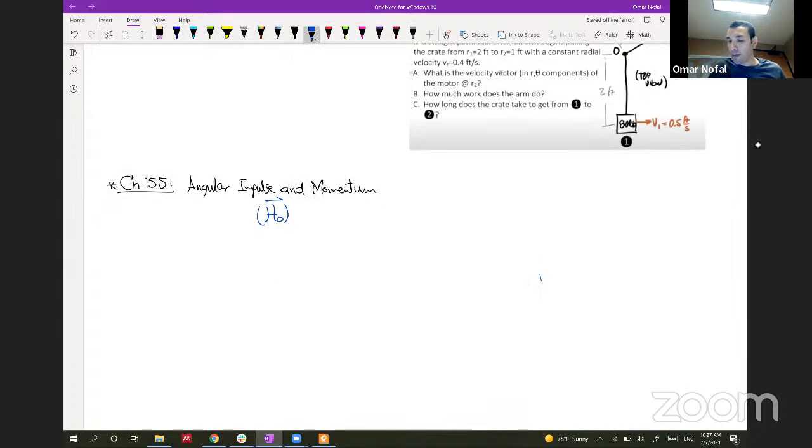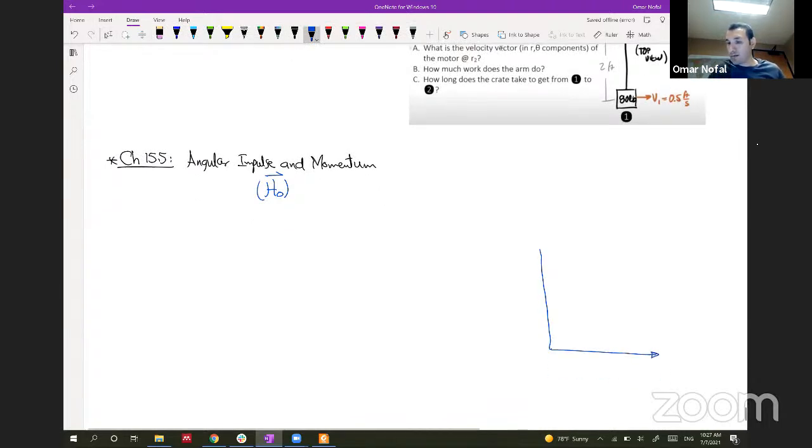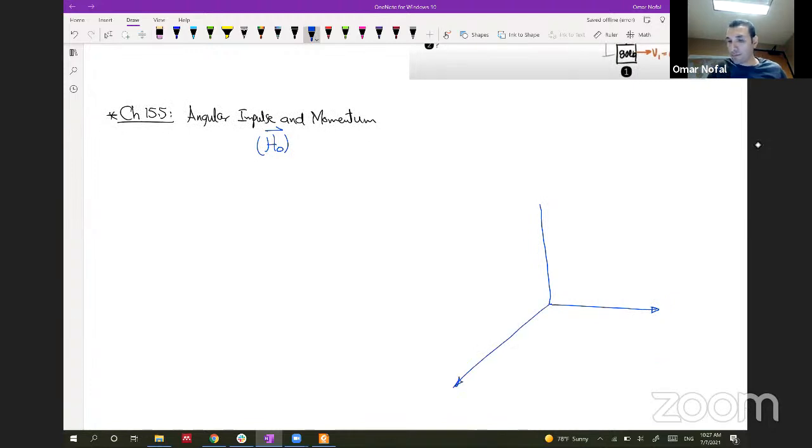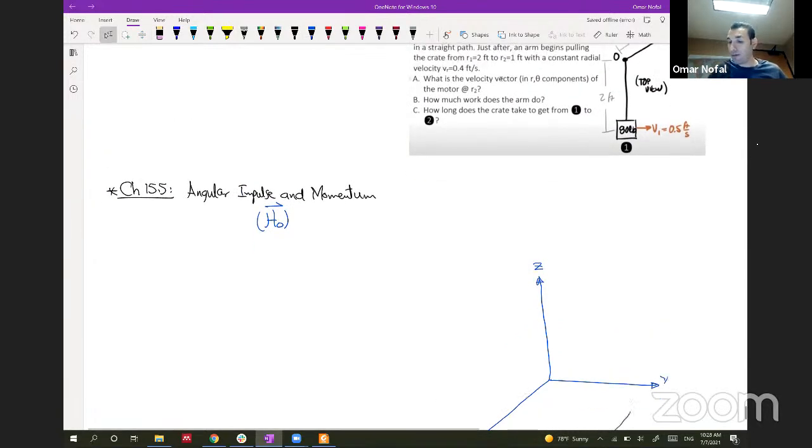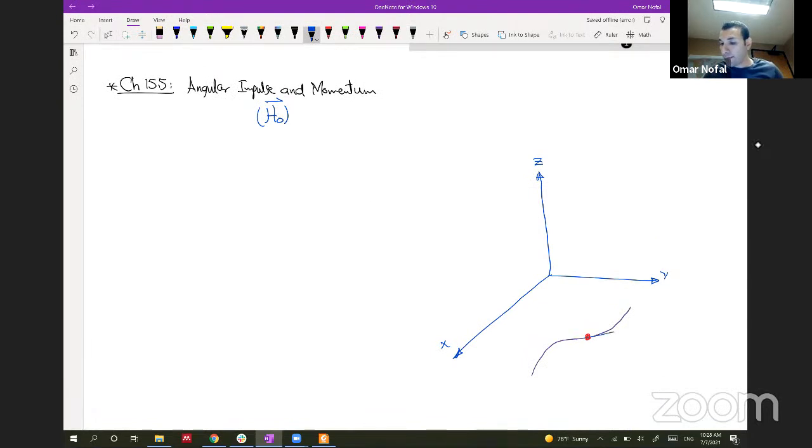If we have this X, Y, Z coordinate system, and our body is moving on this path, and let's say that our body is here, and if we want to get the linear momentum of our body, we know that the momentum is equal to mv. So you will have mv like this.